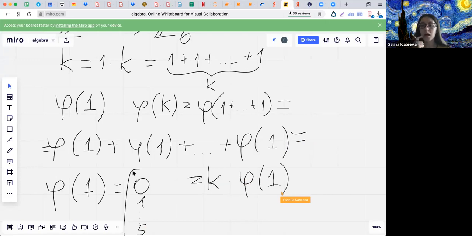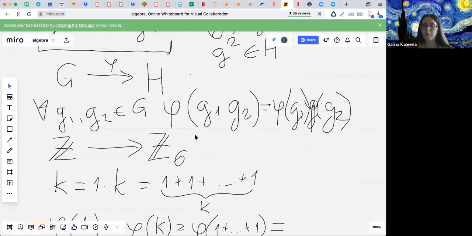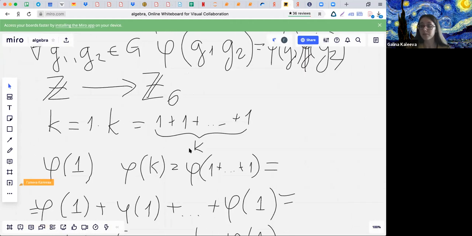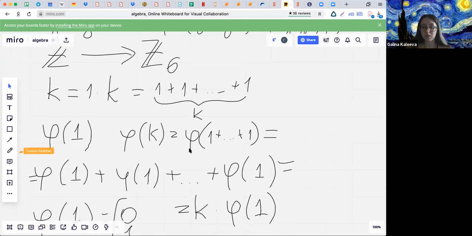Sometimes we do not have an additive group in the image here, but we have a multiplicative group. Let's imagine.